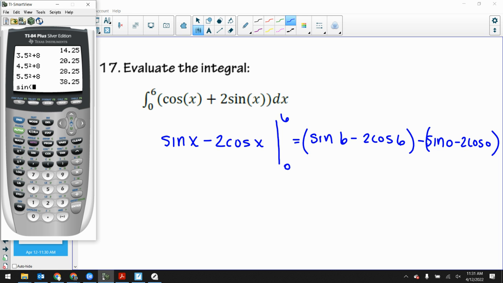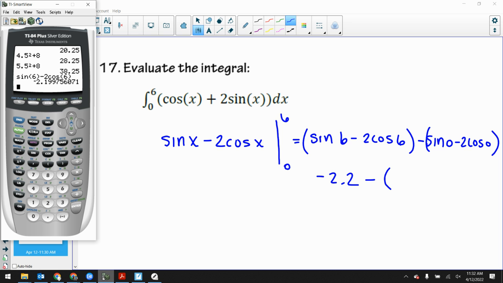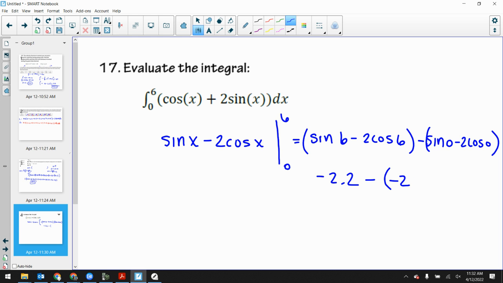I've got negative 2.2 minus, and then sine 0 minus 2 cosine 0, that's a negative 2. So that actually should have been negative 2.2 plus 2. So yeah, negative 0.2. I do have a positive on my key.